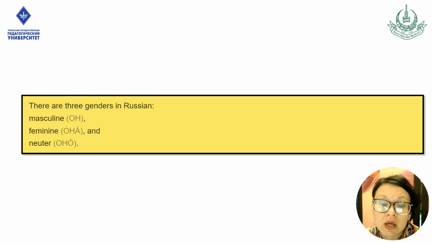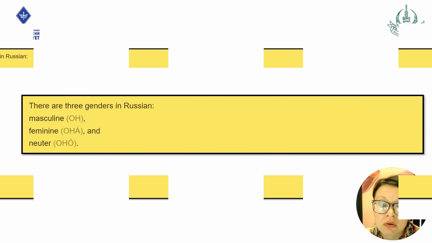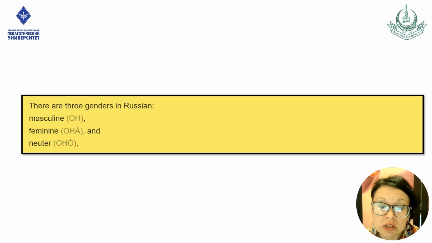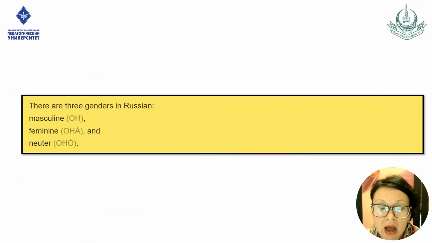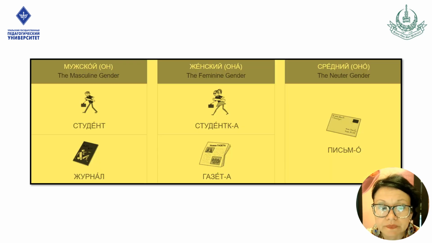So one gender per noun. If a noun is masculine, it's always masculine. If a noun is feminine, it's always feminine. So there are three genders. Он is he, она is she, оно is it.